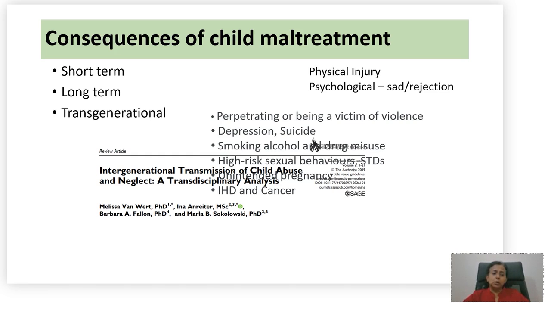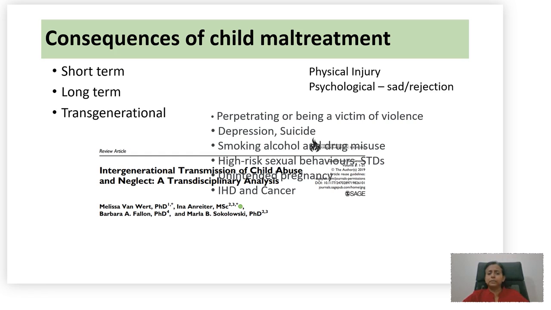And if you look at the long term problems, there are a lot of issues with the sexual abuse because they become perpetrators, and then being a victim of violence. They also have depression, suicidal thoughts. They can abuse themselves with smoking, alcohol, and drug misuse.